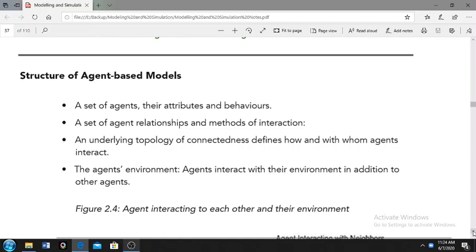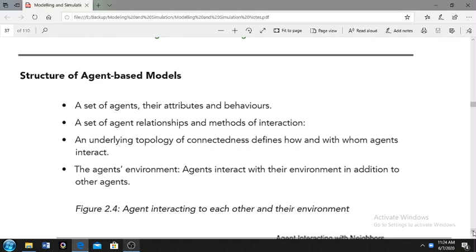Now we have a set of relationships, how they interact and the mode of interaction, and we have an underlying topology of connectedness that defines how and with whom agents interact. We also have the agent environment, how agents interact with the environment in addition to other agents.